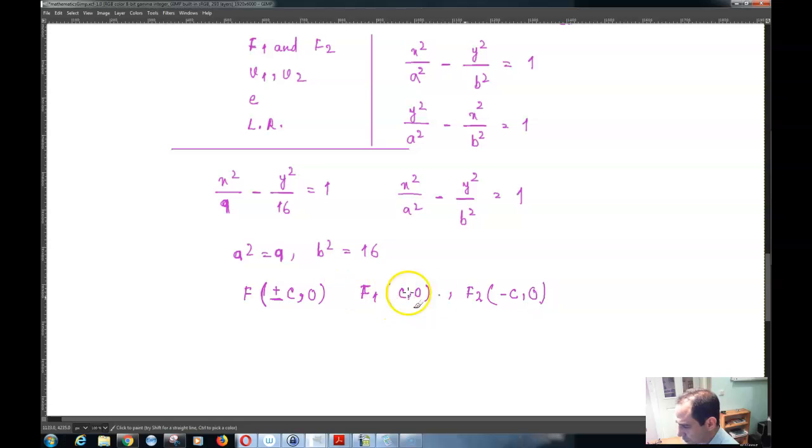So to find the coordinates of the foci, I need c over here, which I don't have. I need to calculate that.